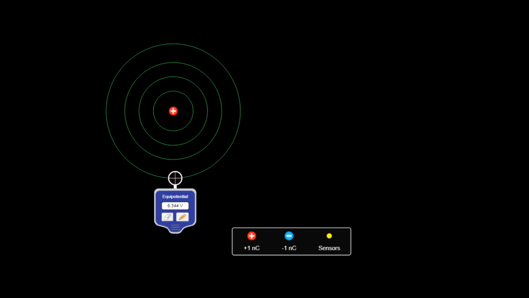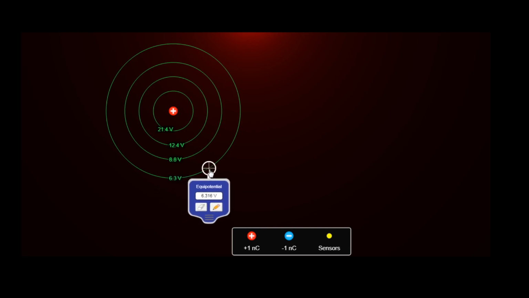Now if we want to find out the potential at any point on an equipotential surface, say we have considered this equipotential surface, then at any point on this surface it will be 6.3 volt.